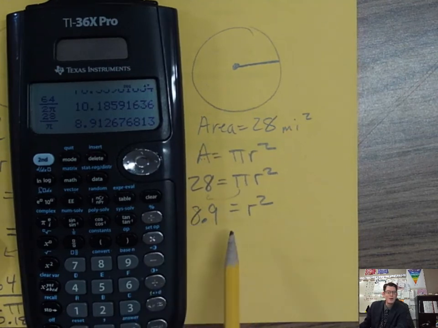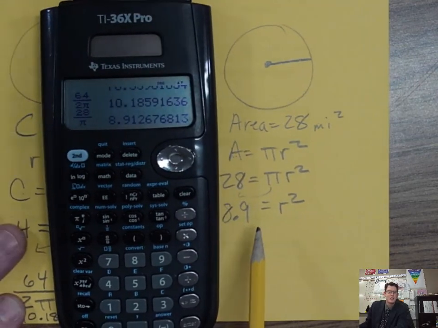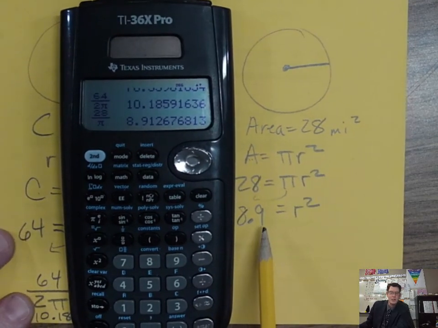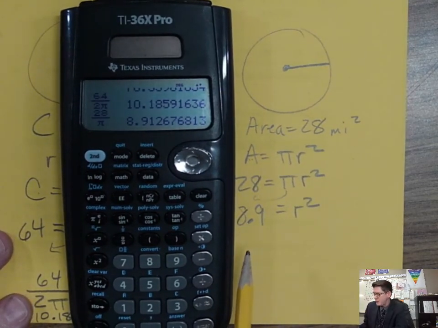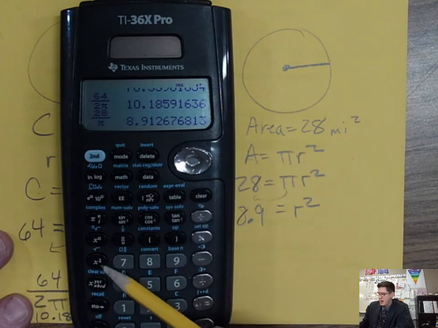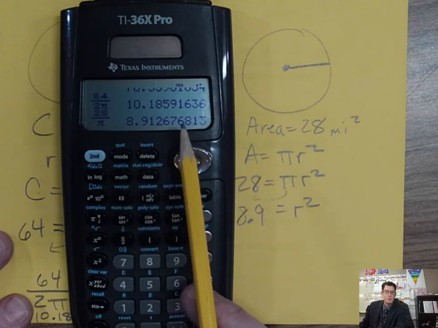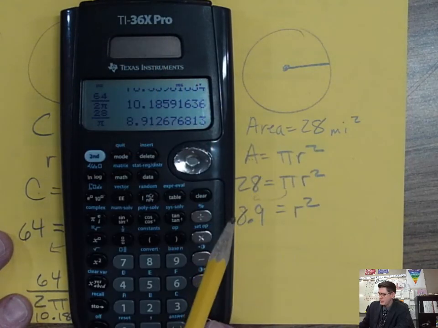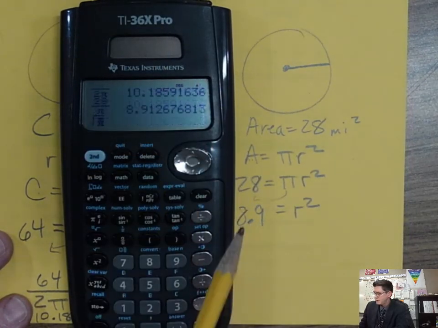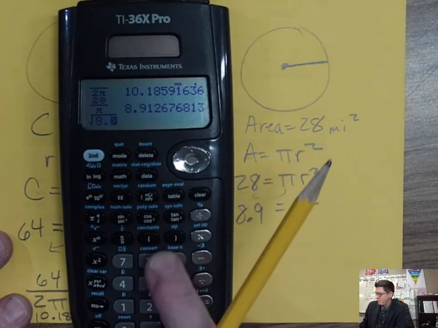Now, how do we undo a squared? We'll do more with squareds next year, just by way of introduction. The way to undo a squared is you find the square root. See this squared? It's the opposite of that squared button. It's this square root. So I push this button. I want second, square root of 8.91.